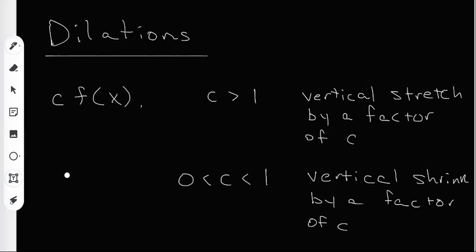So that's if you're multiplying by something that's between 0 and 1. So if I was to multiply by 1/2, notice 1/2 is between 0 and 1. So if you multiply a function by 1/2, what you're doing is you're shrinking that function vertically by a factor of 1/2.